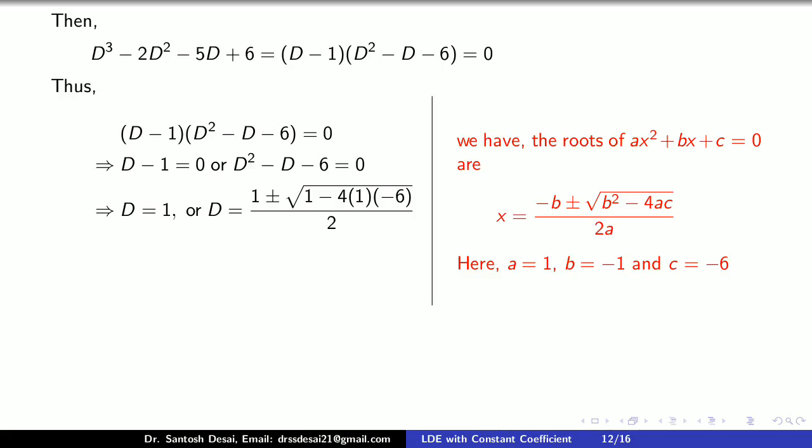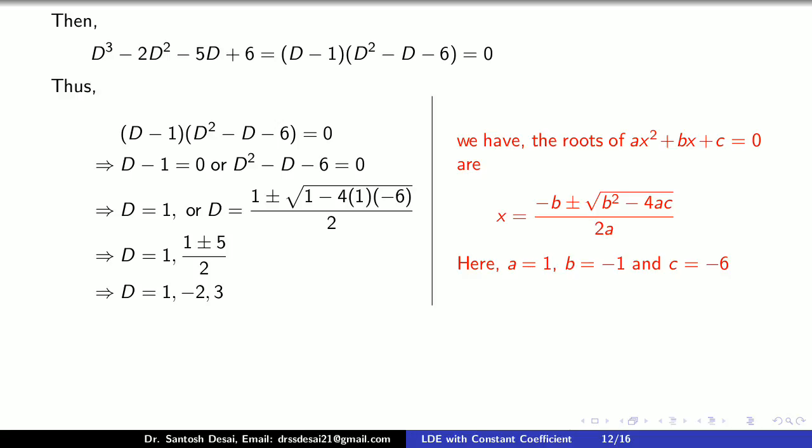Simplifying this square root, we get d is equal to 1 plus minus 5 divided by 2. Taking the plus and the minus and simplifying, you get minus 2 and 3. So therefore the roots are 1, minus 2 and 3.